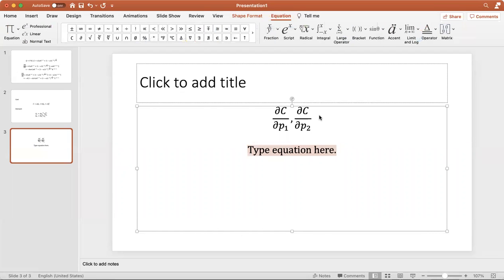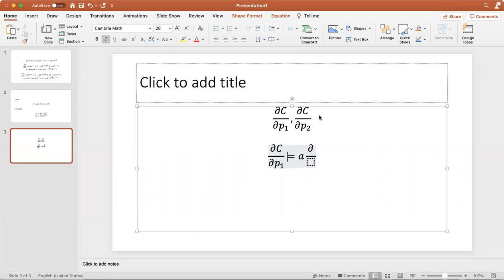In general, the partial of C with respect to partial of P1 is equal to A times the partial of Q1 with respect to partial of P1, plus B times the partial of Q2 with respect to partial of P1, plus 2C Q1.